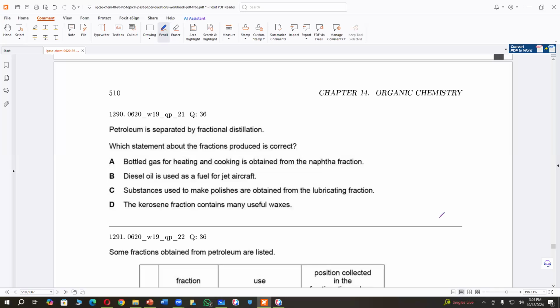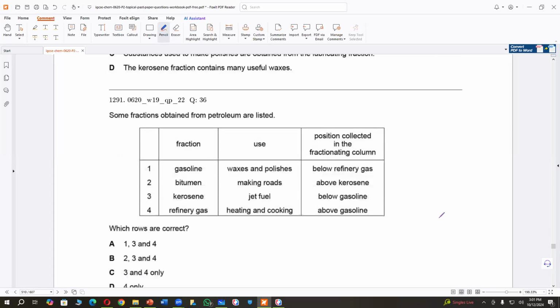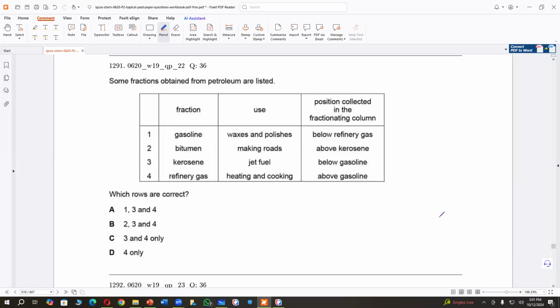Memory. What is the answer? C is fine. Now look at this. Some fractions obtained from petroleum are listed.